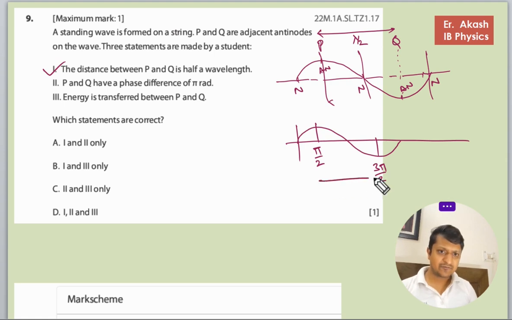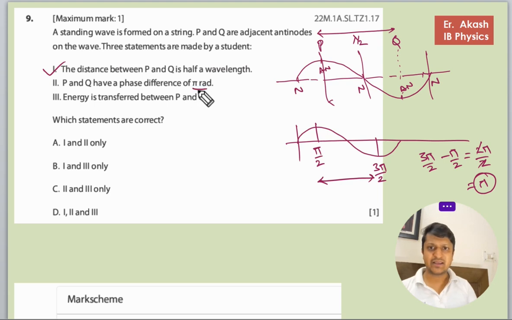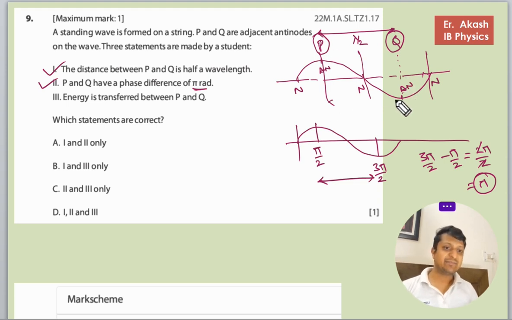The difference of the angles is 3 pi by 2 minus pi by 2, which is 2 pi by 2, and this 2 goes off and it becomes pi. So pi is the right answer. Pi is the phase difference between P and Q, because both these points are at the maximum. These are the antinode points.